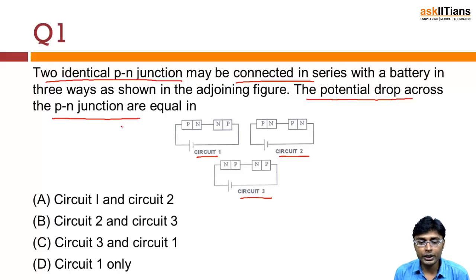So we have to see in which of the given circuits the potential drop across both the PN junctions will be equal. First of all, let us analyze each circuit.